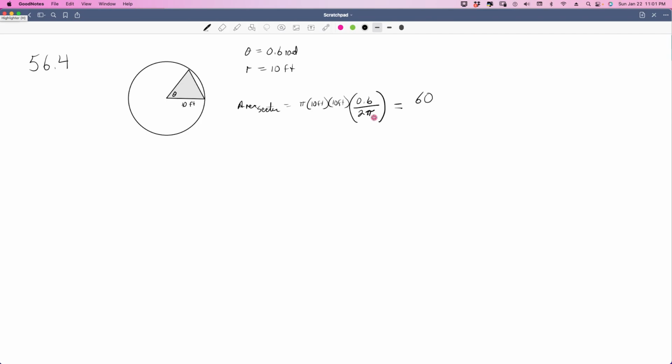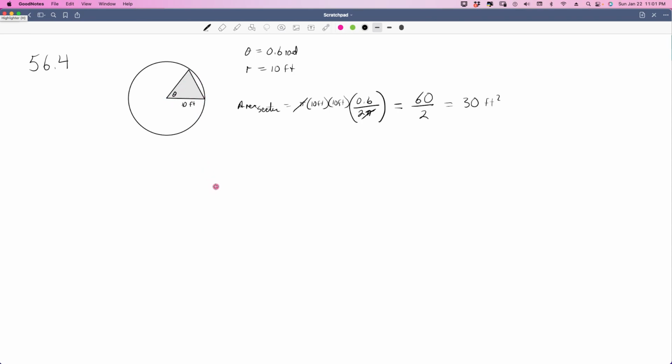And then the pi's cancel each other. Divided by 2 would equal 30 feet squared. You see how these cancel? Nice, huh? Makes it a lot easier to do the math. So we have a 30 square foot area of this sector.